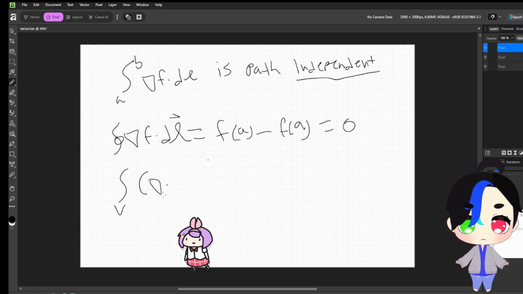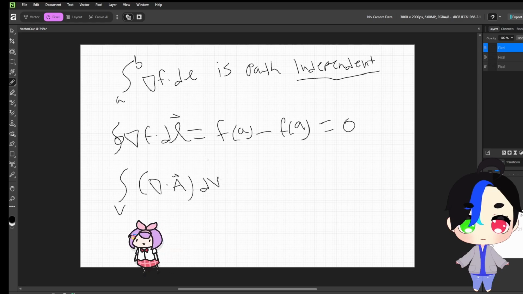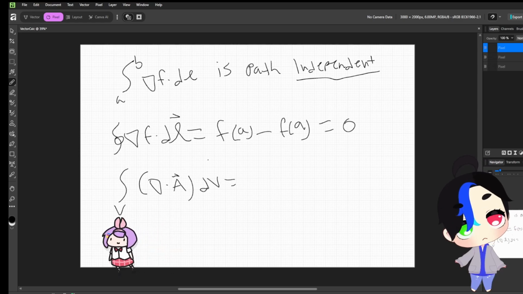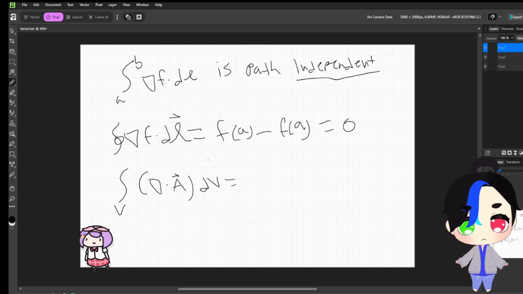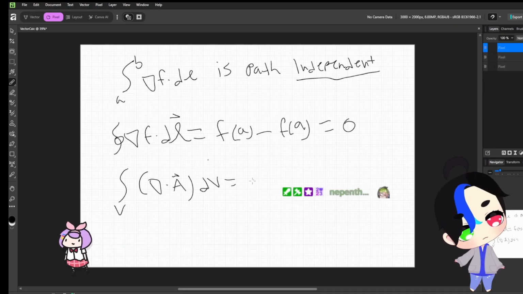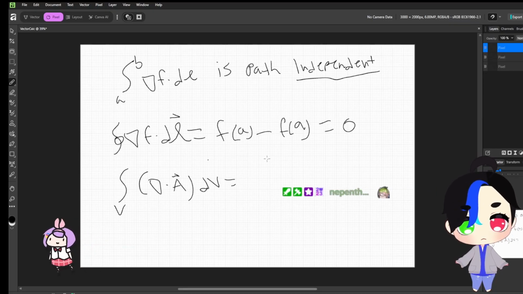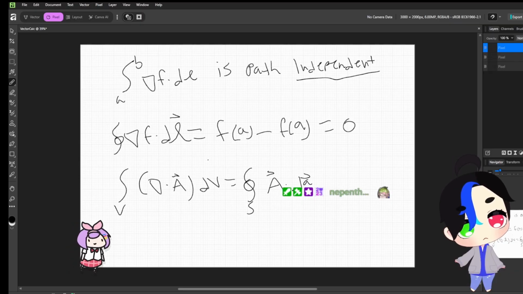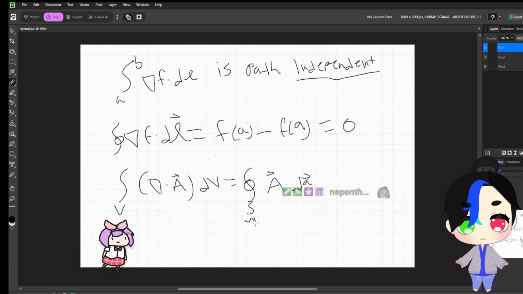Let's do A. Well, the volume integral of this ends up equaling the closed surface integral of A dot dA, where this closed surface is defined by this volume, right?